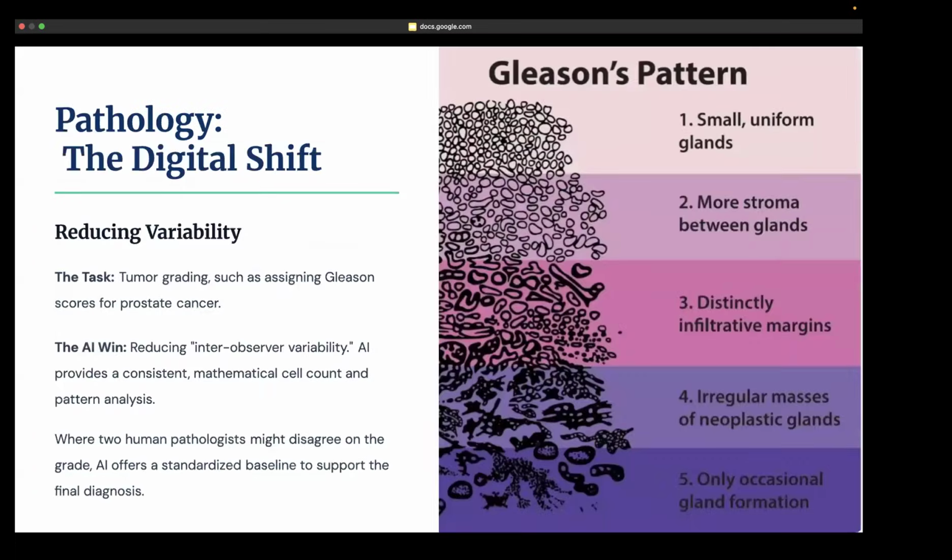In pathology, which is essentially looking at biopsy results, when you get a biopsy for a lesion that you don't know if it's cancerous or not, a pathologist looks at this under a microscope to see how the tissue looks.